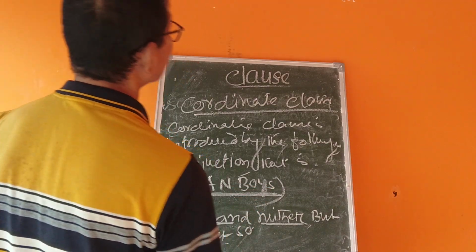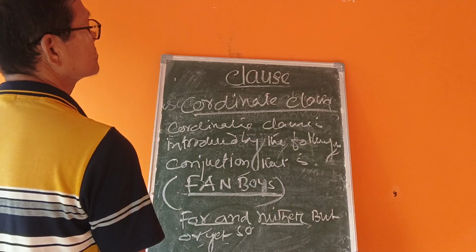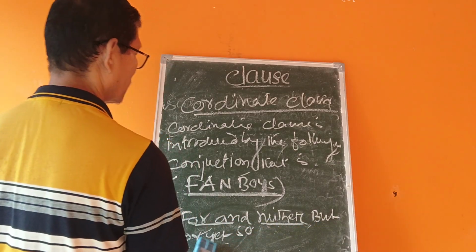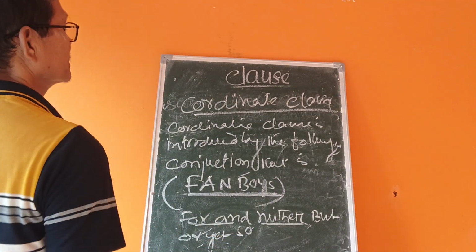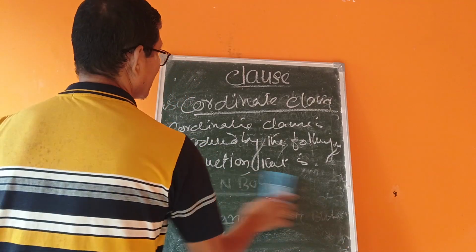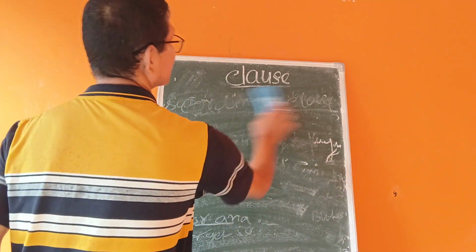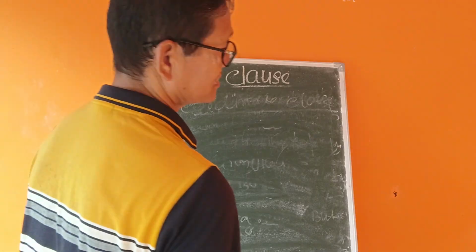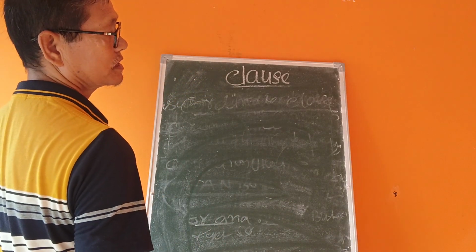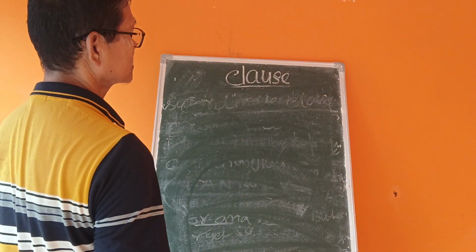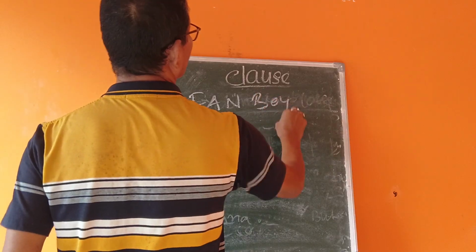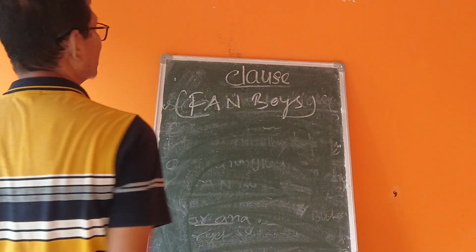Then what I say, coordinate clause. A coordinate clause is introduced by the following conjunctions, that is for, and, neither, but, or, yet, so. If a clause is introduced by such a coordinate conjunction, that is FANBOY, isn't it?